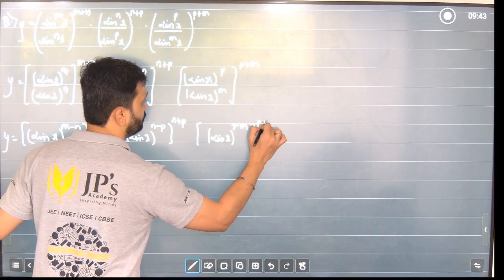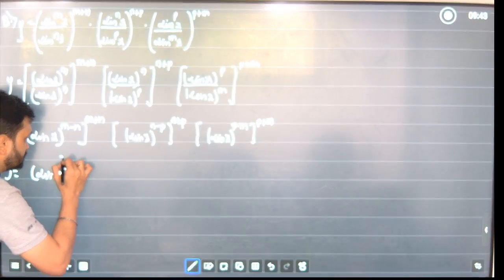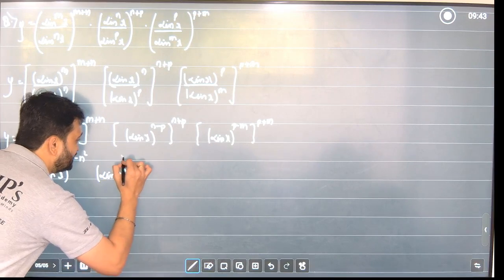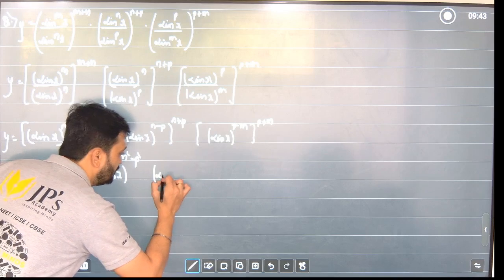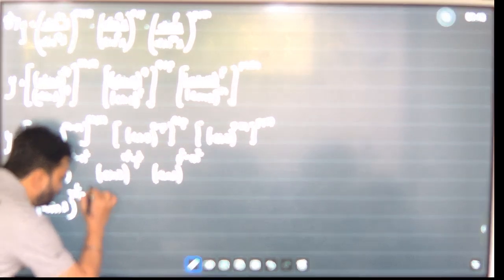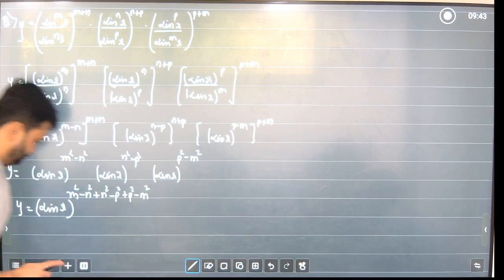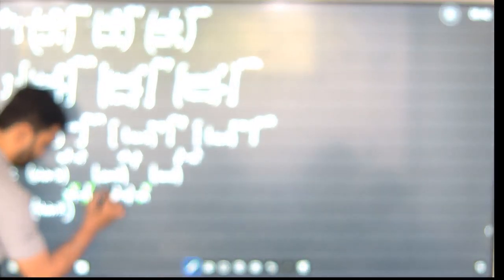minus n into p plus n, which will become y is equal to sin x raised to m square minus n square into sin x raised to n square minus p square into sin x raised to p square minus n square, which will become sin x raised to m square minus n square plus n square minus p square plus p square minus n square. So y is equal to sin x raised to 0.